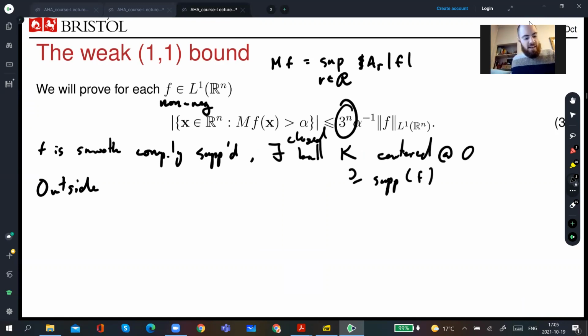Right. So outside of 2K, it's the same picture I was describing a few minutes ago. Outside of 2K, my function is 0 everywhere.